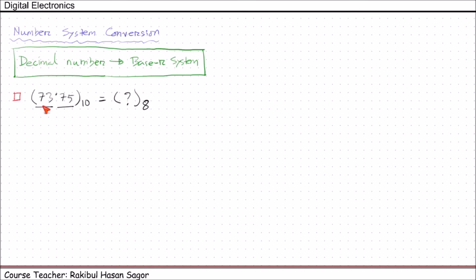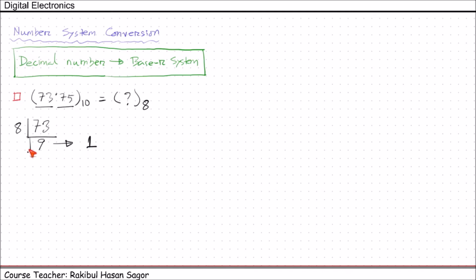For the integer part, we need to go for successive division by which value? By the base value to which we are going to convert. So here we want to convert this decimal number to octal number. So 73, we should divide the integer part by 8. The result will be 9. 9 into 8 gives us 72, and the remainder is 1.